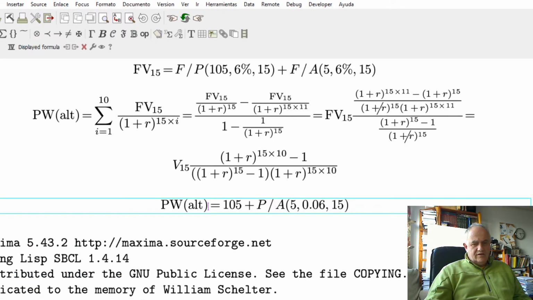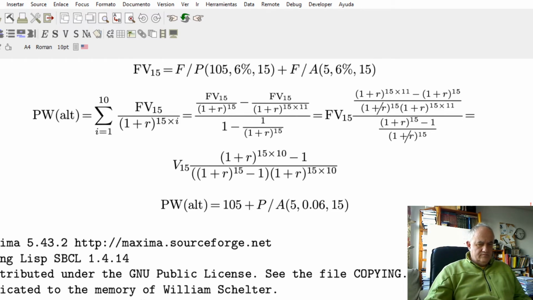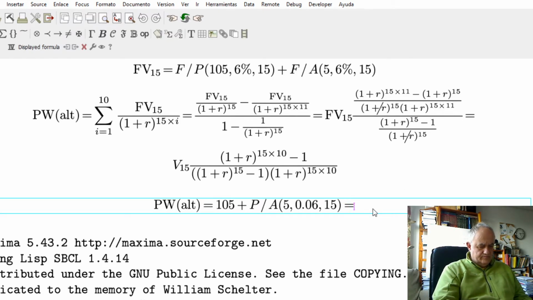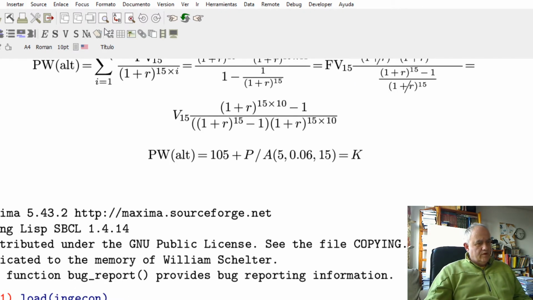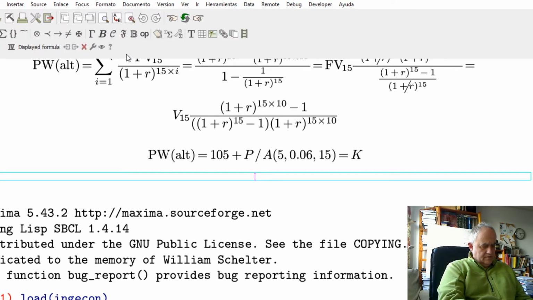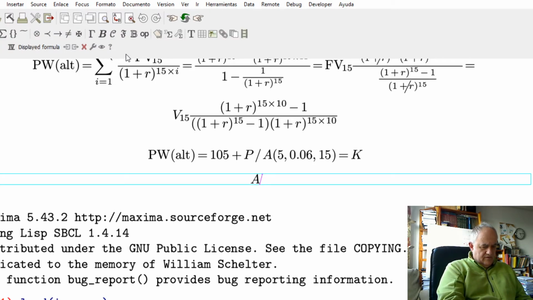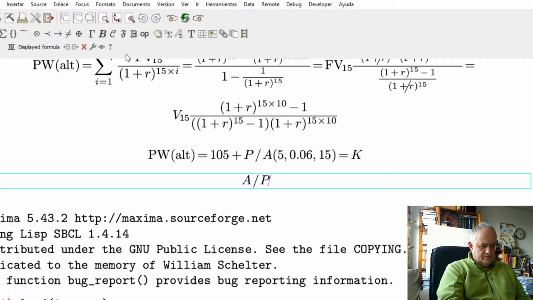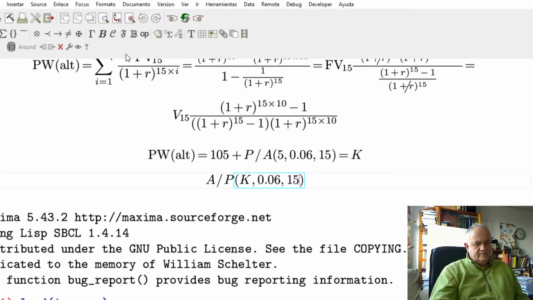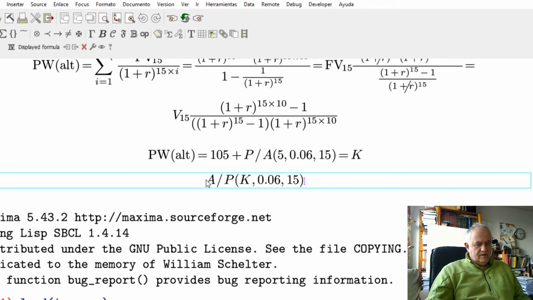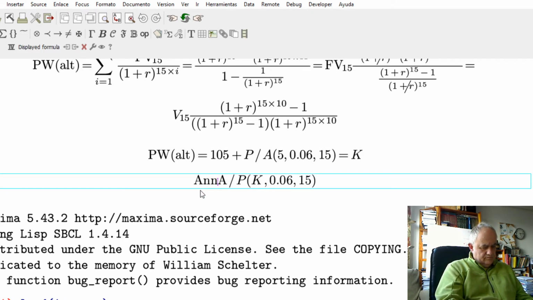Now we can transform this. Let's call this, for example, K, and let's transform this to an equivalent value. So let's obtain annuity equivalent to a present value. Okay, easy to handle. This is equal to k, 0.06 times 15. Okay, and this will be the annual cost of the process.